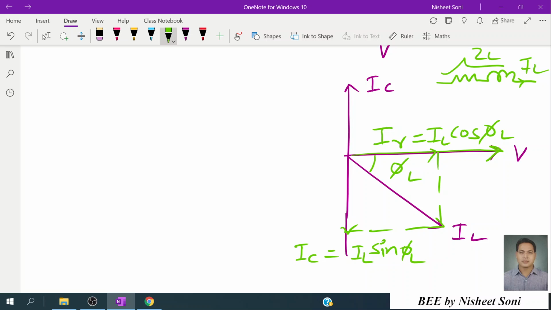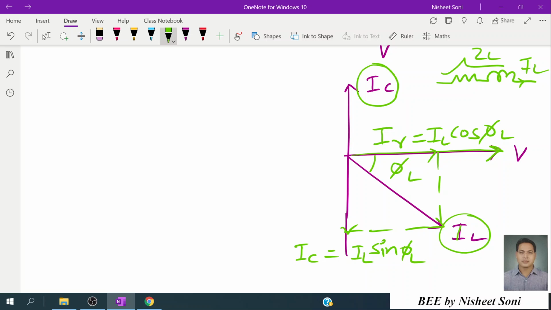As we know, in case of inductance, the current IL will be lagging the supply voltage V by some angle phi L. IC is the current flowing through the capacitor, and it is leading the supply voltage V by exactly 90 degrees.